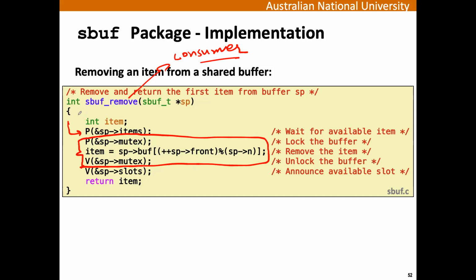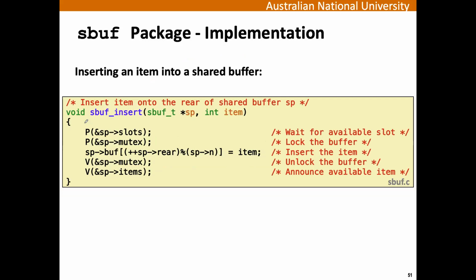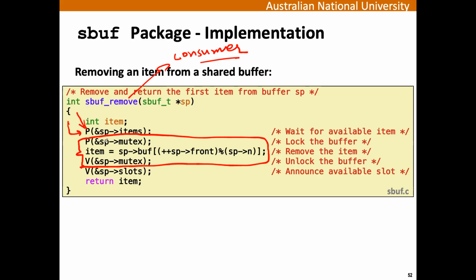And in this routine, the consumer waits for an item. If P is non-zero, it will just return immediately and do its work. But if P is 0, it will suspend itself and wait for a corresponding V operation on the counting semaphore items. And that V operation is performed by the producer. We already saw that right here. That's the V operation on the counting semaphore items, and here's a P operation on the counting semaphore items.